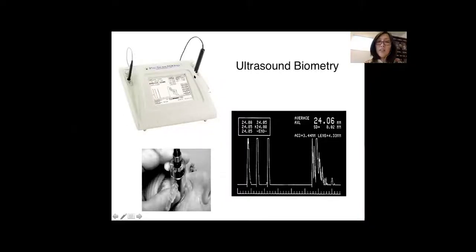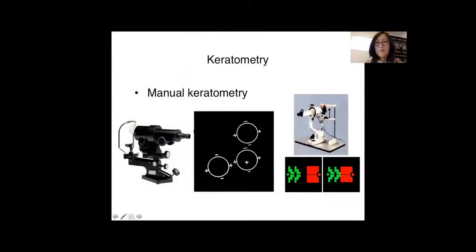In other words, if you're pressing harder with your ultrasound probe, you're going to get inaccurate measurements. And then this is manual keratometry. This is basically reflecting light off the surface of the cornea and then ascertaining, through calculations of the reflection of those images, what the average corneal curvature is. In manual keratometry, this is about 3 millimeters away from the center of the eye.